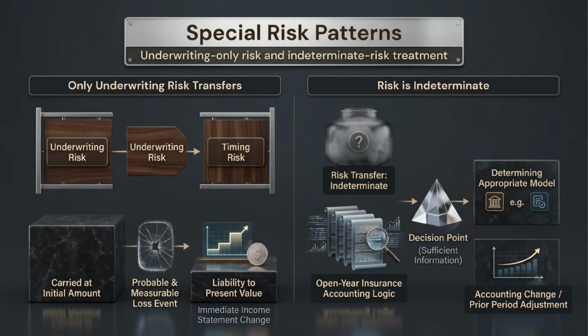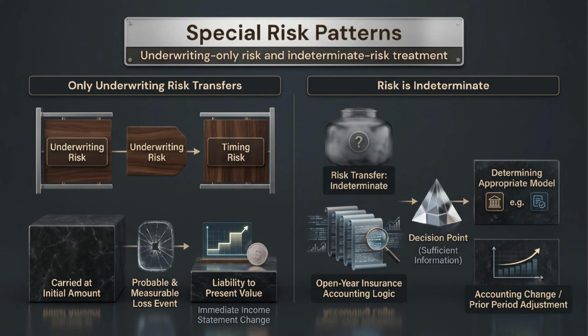There are also special risk patterns. If only underwriting risk transfers, the entity generally carries the deposit balance until a reimbursable loss occurs and can be measured. Then the deposit is remeasured using the present value of expected future cash flows related to that loss, and the income statement reflects the change.